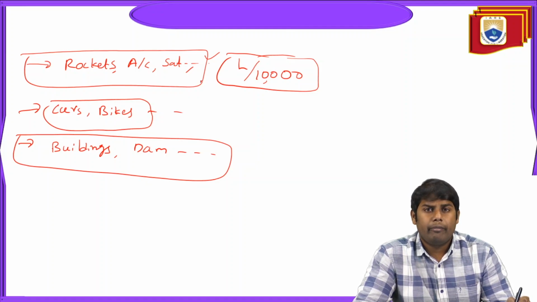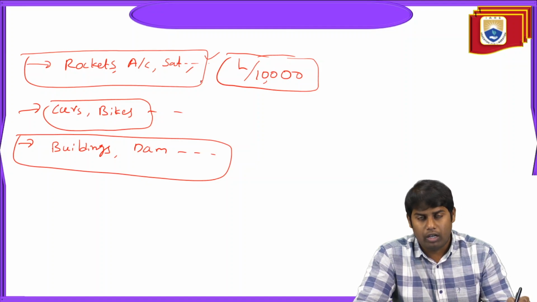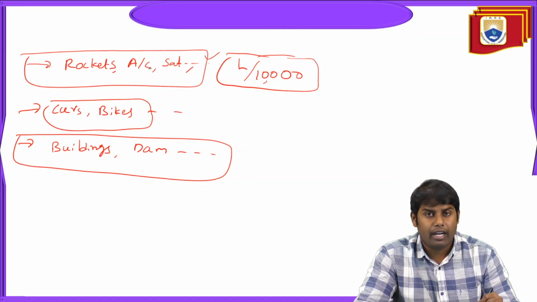So in order to minimize the cost, we scale down the model to 1 is to, let's say, 10,000 or 1,000, such that we can fit it into the experimental setup or test section. So we use the same Reynolds number for both numerical and experimental, for rocket, aircraft, satellite, and compare the results.